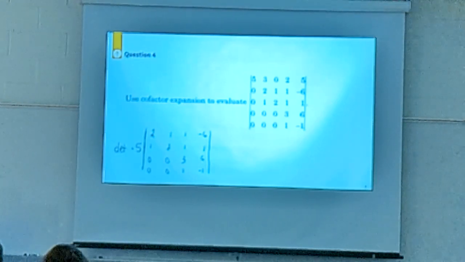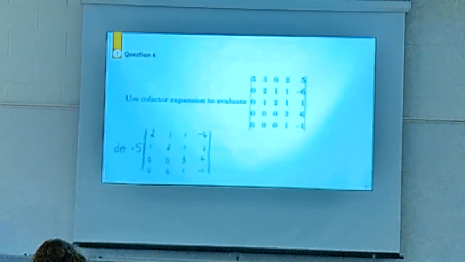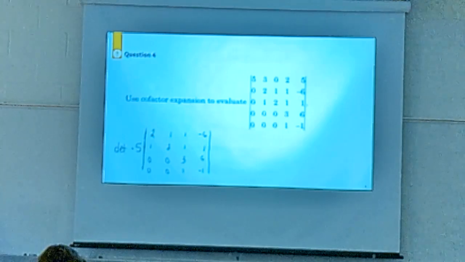I'm going to actually just start a new slide for this. Now remember, it's going to be 5 times whatever this cofactor expansion is. So let's just write 5 on the very outside. First 2 terms are going to be 0.